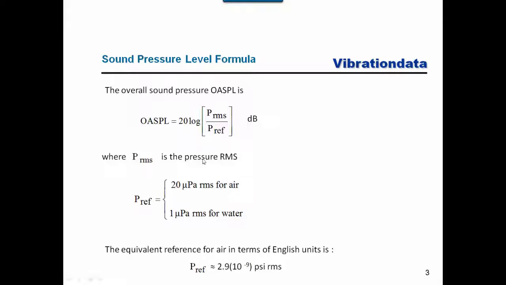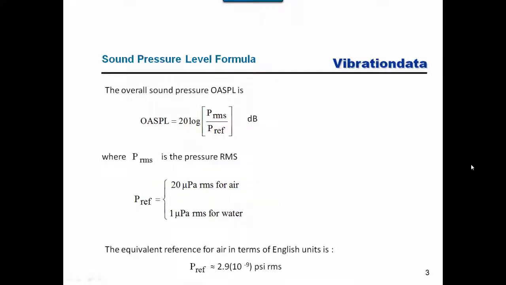If you ever want to do this as a hand calculation or write your own program and you want to use English units, then you could use that reference value as an alternative. But pretty much any time you see an overall sound pressure level on a plot, that plot will include, or at least should include, what the reference value is.